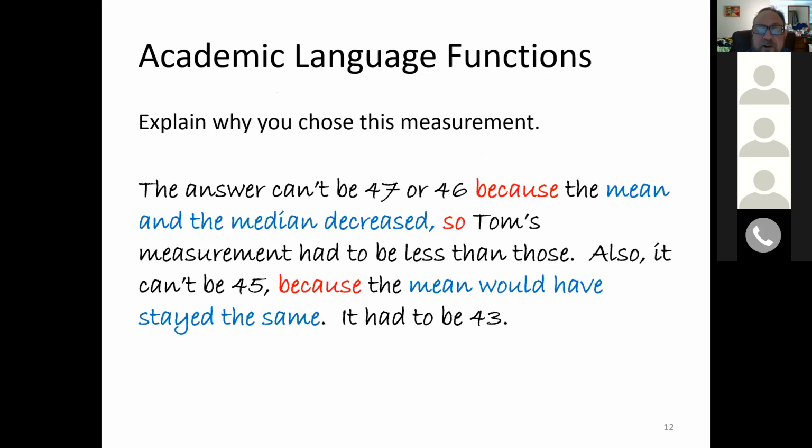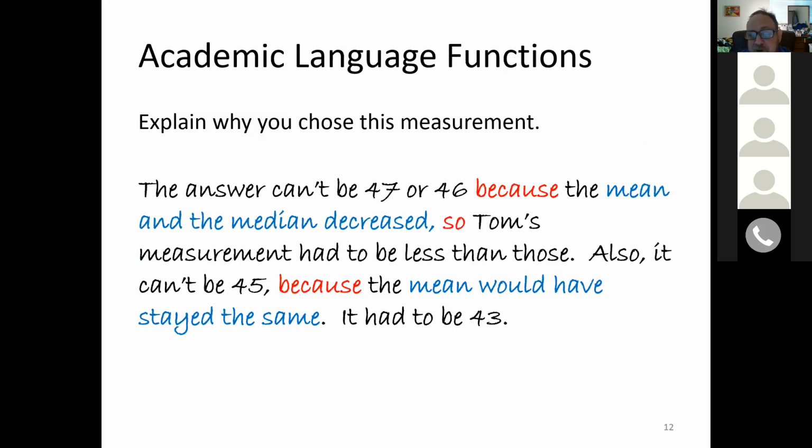Academic language functions. Explain why you chose this measurement. The answer can't be 47 or 46 because the mean and the median decreased. So Tom's measurement had to be less than those. Also, it can't be 45 because the mean would have stayed the same. It had to be 43.